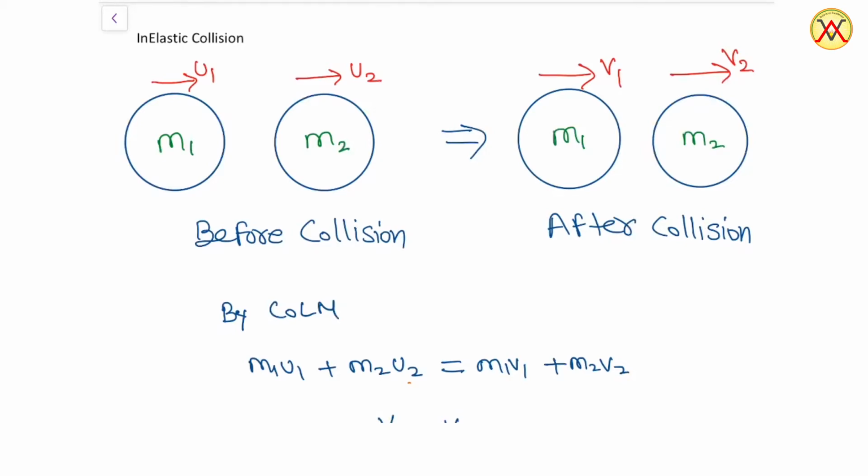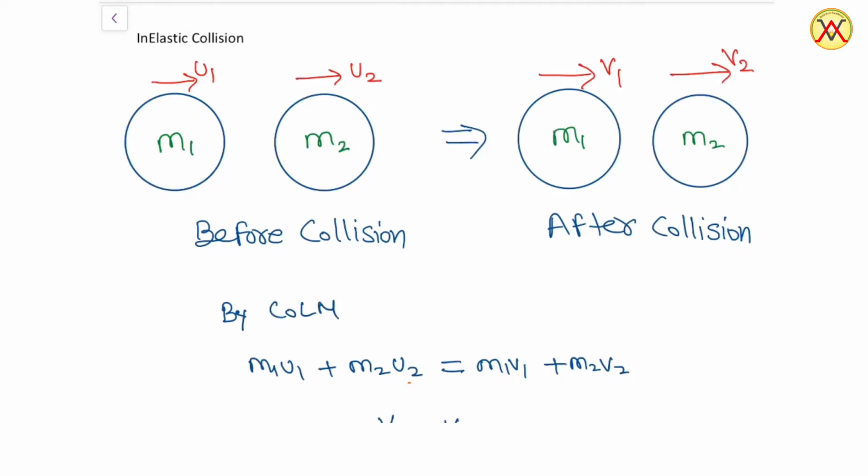Before collision, the two objects are moving with velocities u1 and u2, and we assume that after collision they are moving with velocities v1 and v2. We can find the values of v1 and v2 if we are given the initial velocities of the two colliding bodies and the coefficient of restitution.